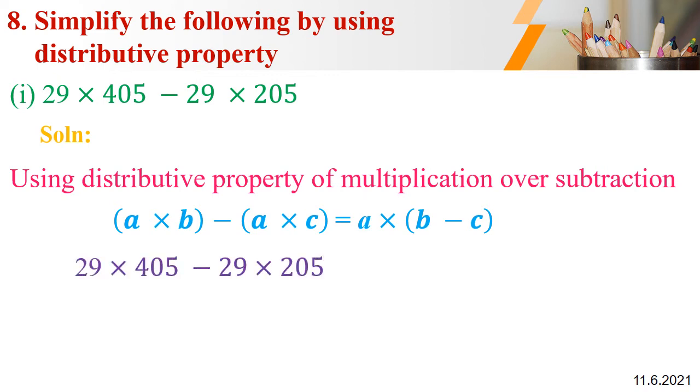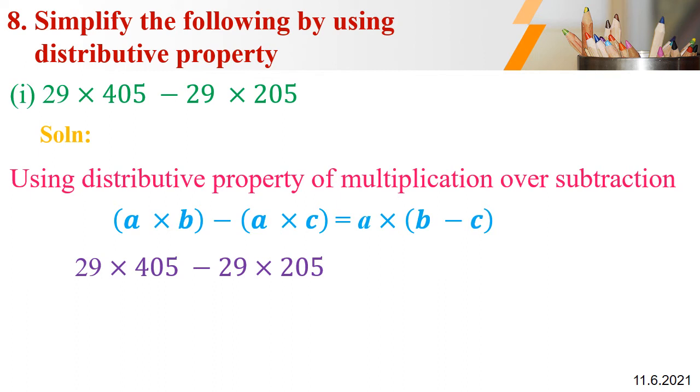Therefore, 29 into 405 minus 29 into 205. Here, A value is 29, B value is 405, C value is 205.